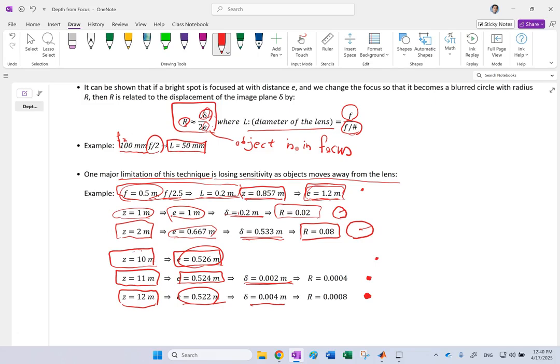So when the object is closer, the image becomes blurry very fast. But here, the object does get blurry, but the changes are very, very small.